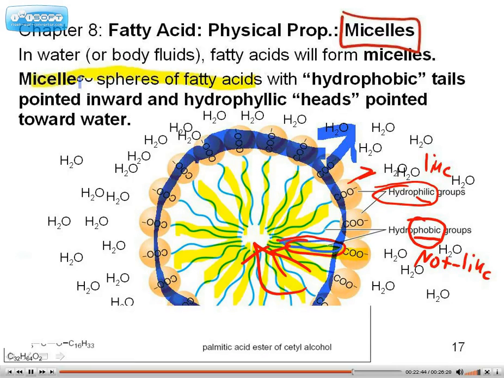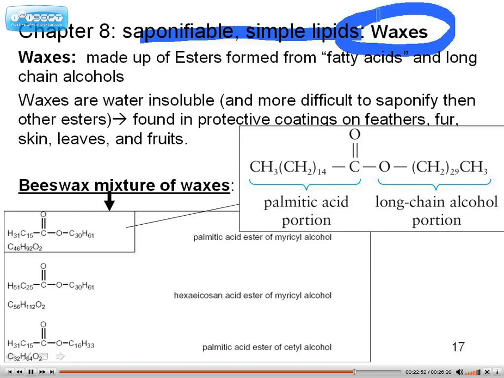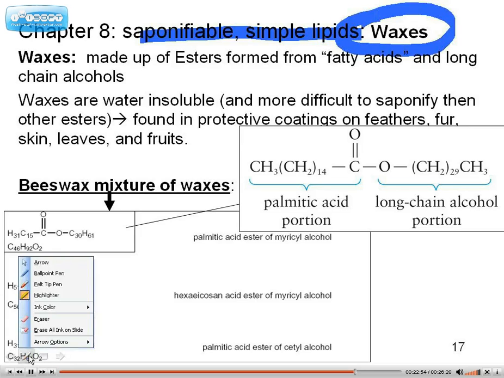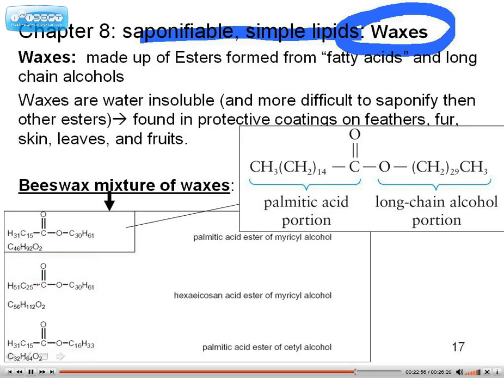Now, we talked about fatty acids for saponifiable simple lipids. Now we're going to go into waxes. Waxes are very straightforward.